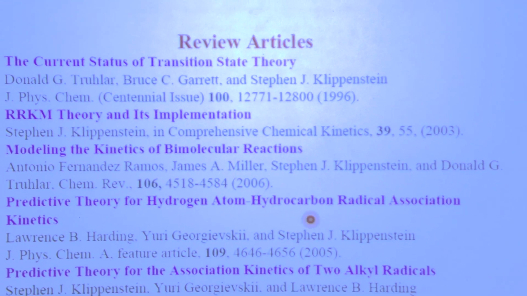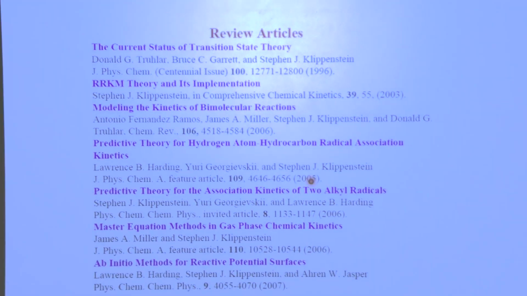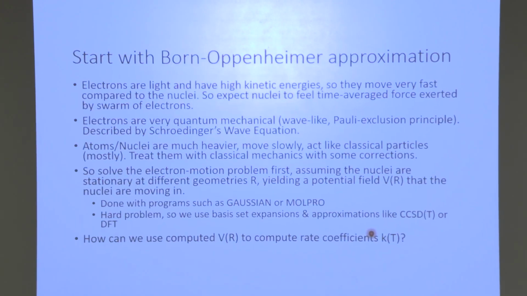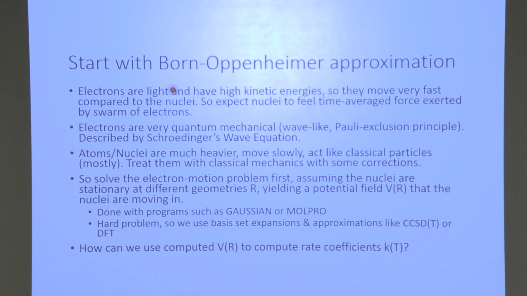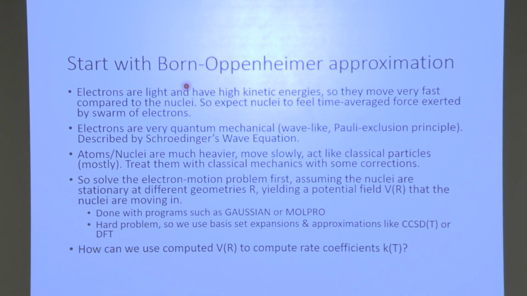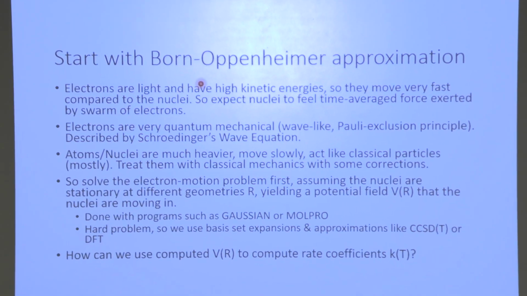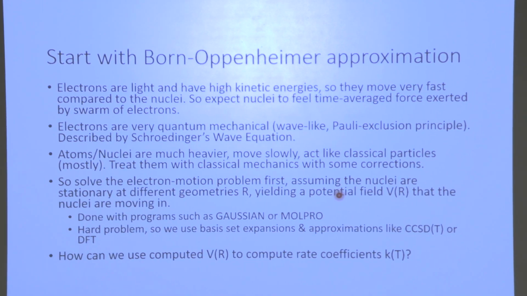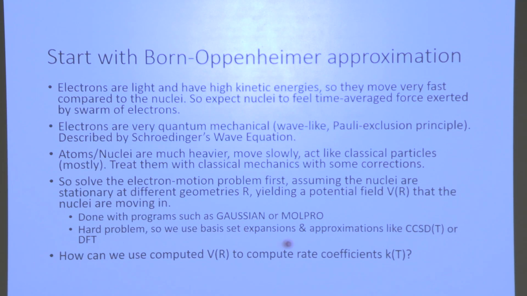You see, 96, 2003, 2006, 2005, lots and lots of papers about how to do the calculations correctly. All of them, you start with the Born-Oppenheimer approximation, which is you're assuming that there's this potential V of R that we talked about before, the potential energy surface. And you will solve that using things like Gaussian or MOLPRO. And you can also use CCSD(T) and DFT, and you do basis set expansions.